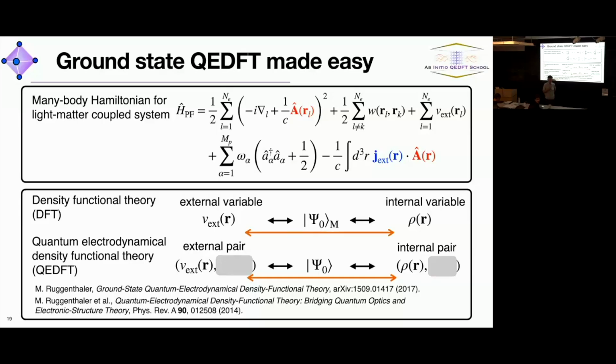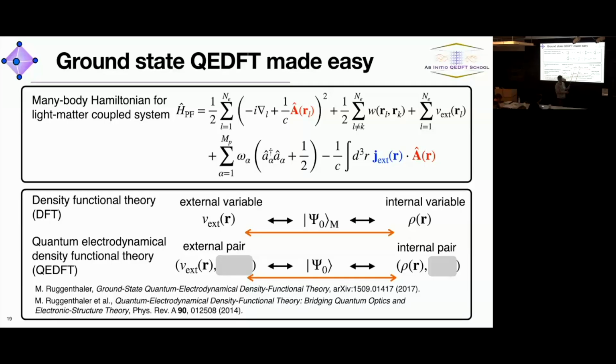Here I just want to know what kind of term we need to put in order to do the DFT mapping. As you can see, we have an external potential, which corresponds to the electron density. And for the photon field we are discussing, the vector potential A is an internal quantity.